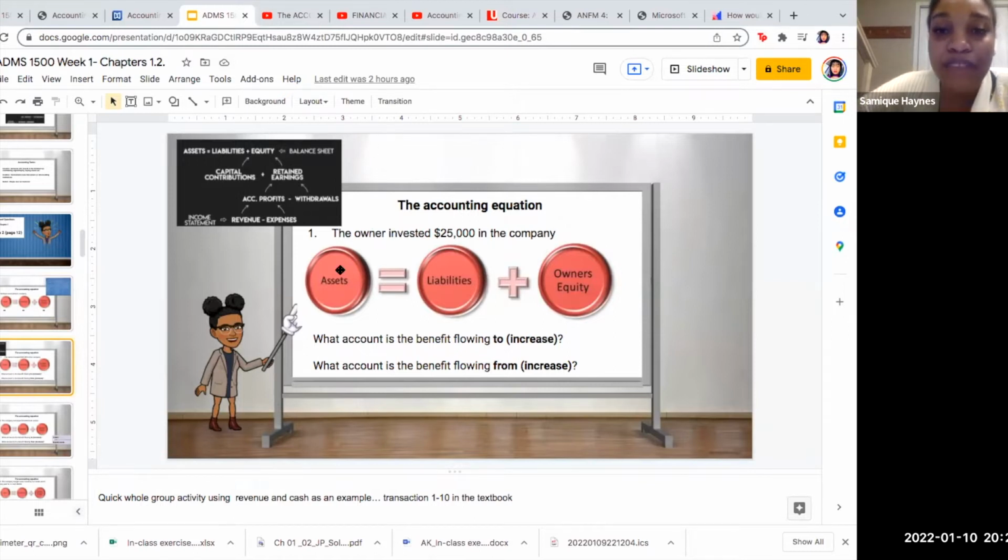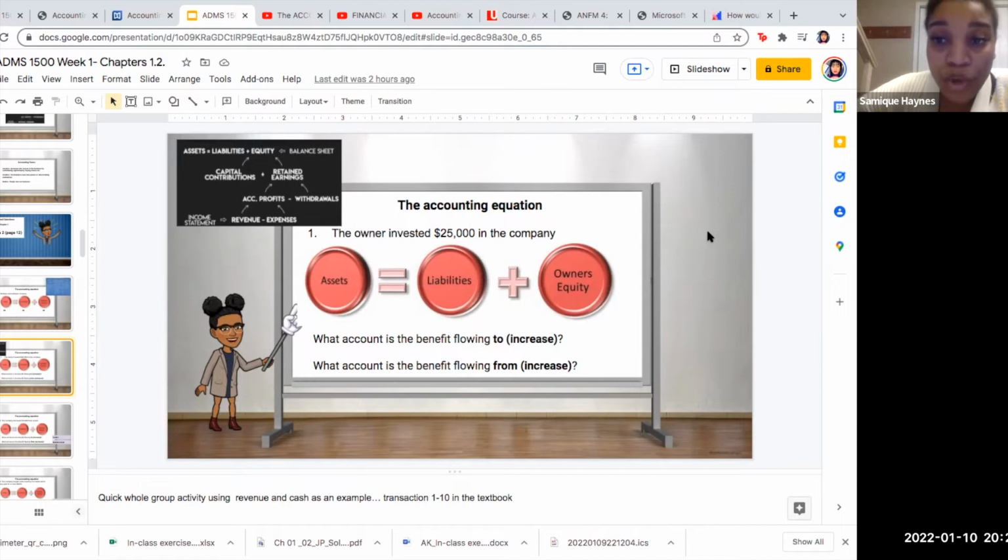If the owner invests $25,000, what does the business get? The business gets $25,000 in, somebody says $25,000 in assets. What, be more specific, which asset is that? Which account? Cash, correct, Joseph, correct.